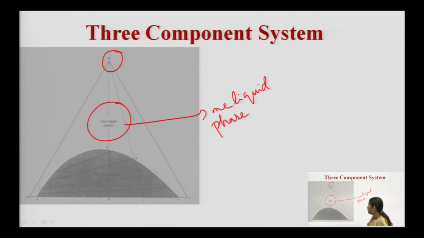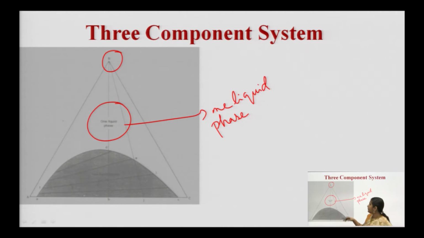We can correlate it with the temperature which we used in the phenol water system. At a particular temperature, as in the phenol water system at 66.8 degrees Celsius, what happens if we heat above this temperature? Then the phenol and water will exist in one phase in whatever proportion they are taken.